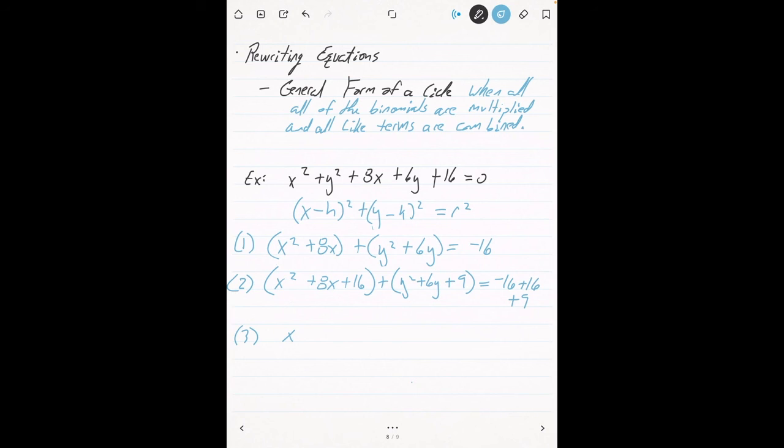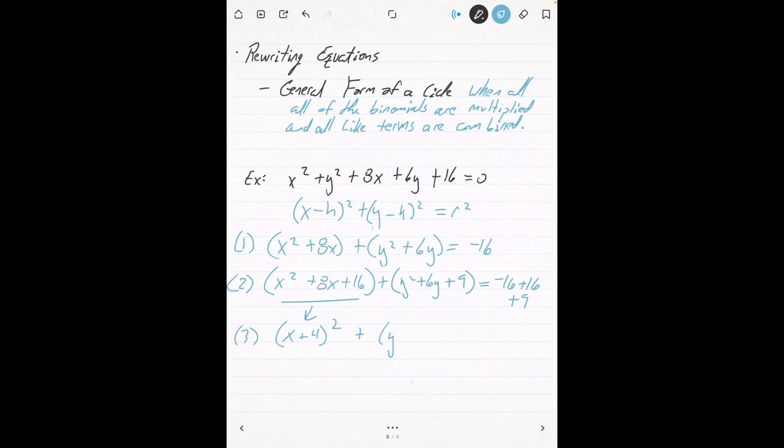Let's see, what times what gets me 16, but what adds together to get me 8? Well, x plus 4 times x plus 4. The 4s multiply together to give me 16, but they add to give me 8. So I could say I have x plus 4 squared. Now let's look at the y's.